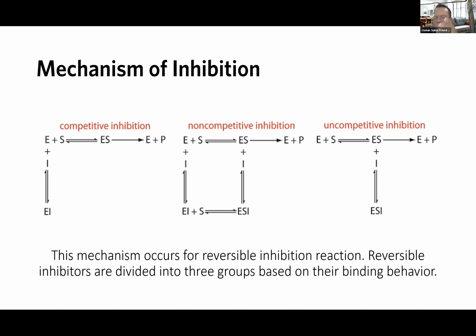Then the other one is uncompetitive inhibition, which only inhibits the enzyme-substrate complex. So from the mechanism, we can see that the three are totally different from each other.